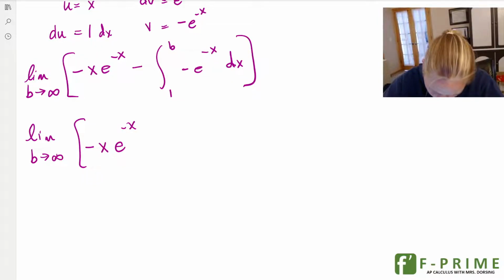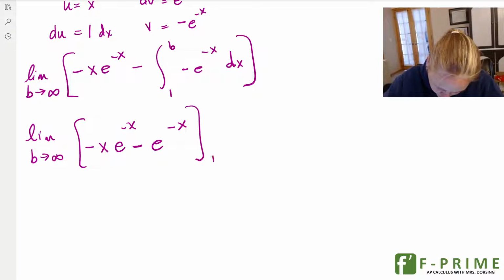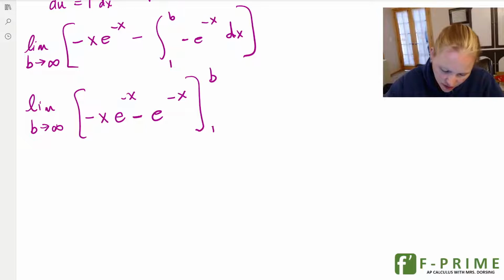So this integral just becomes e to the negative x. All right, now I don't like negative exponents.